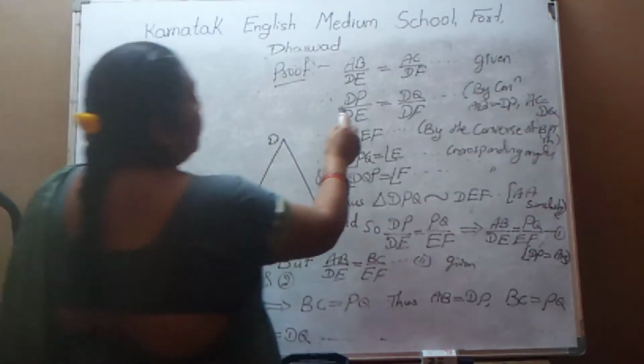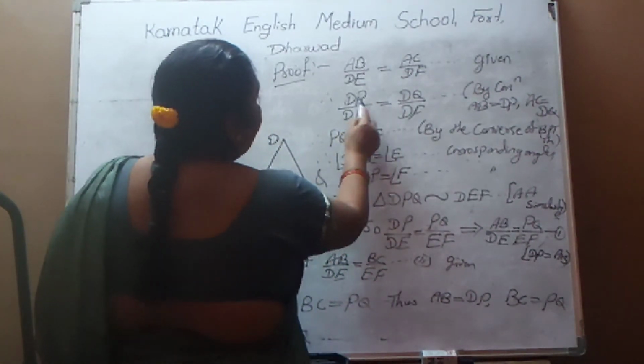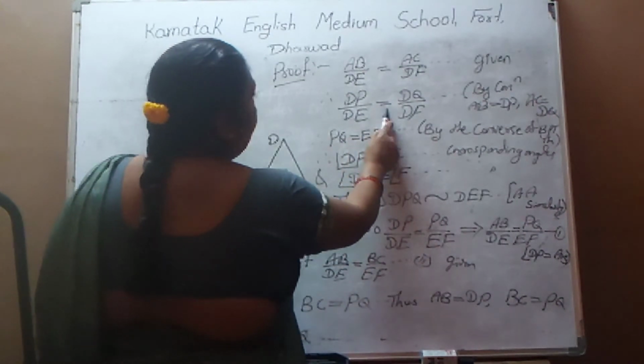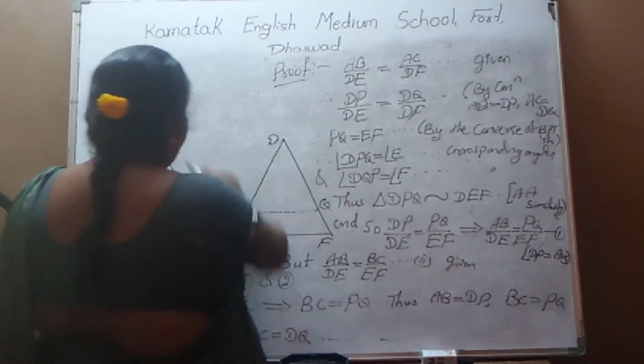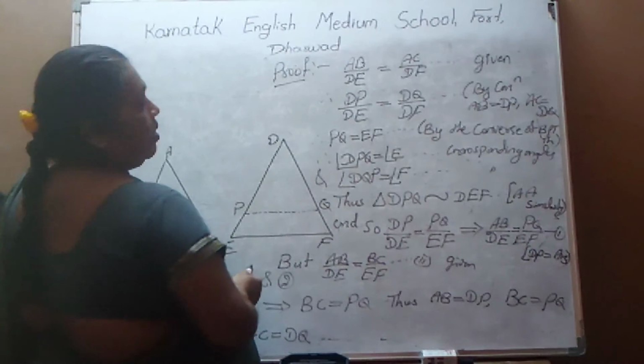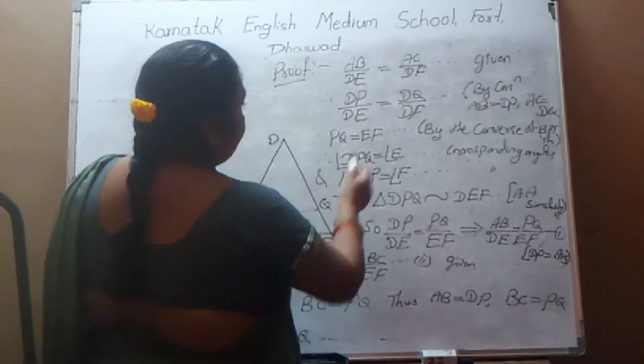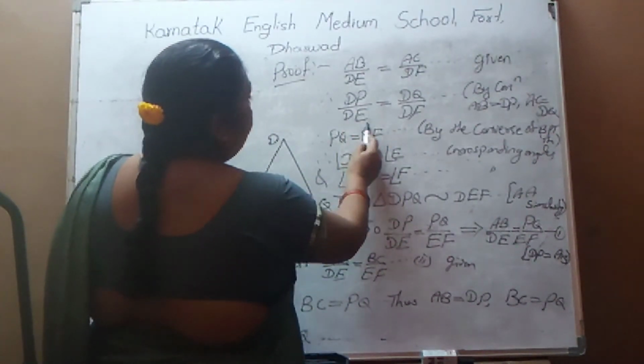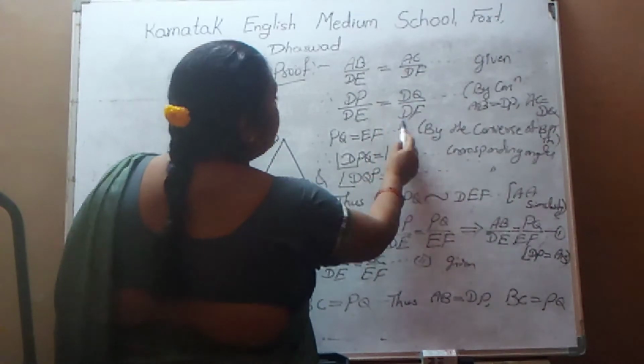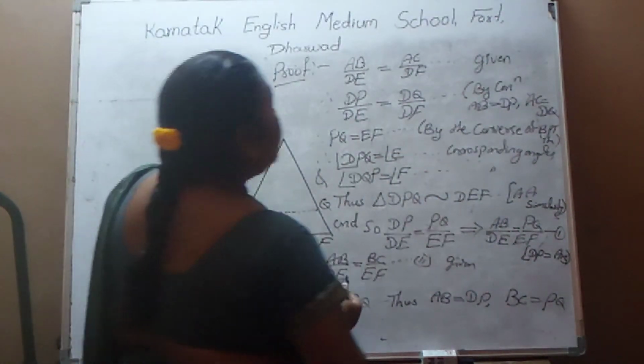So, DP upon DE equal to AC upon DF, and AC is equal to DQ by construction. DP upon DE equal to DQ upon DF.